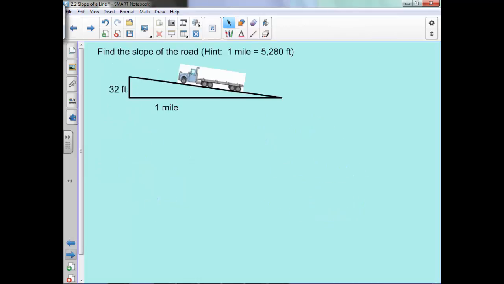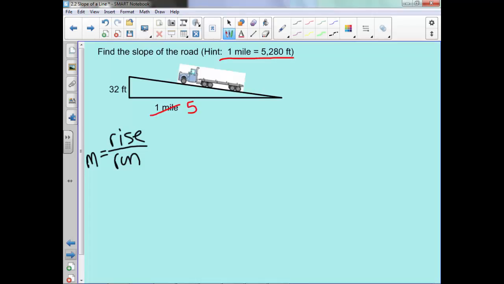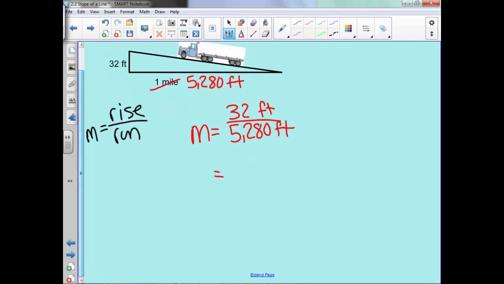So now we're going to find the slope of this road that the truck has to drive up. Remember, slope was rise over run. But we also need them to be in the same unit. So instead of using 1 mile, we know that 1 mile is the same as 5,280 feet. So now our slope is our rise, which is 32 feet, over our 5,280 feet. So we now have to reduce this.